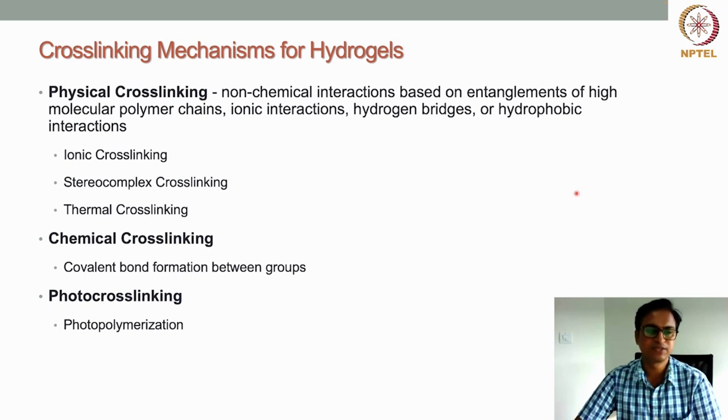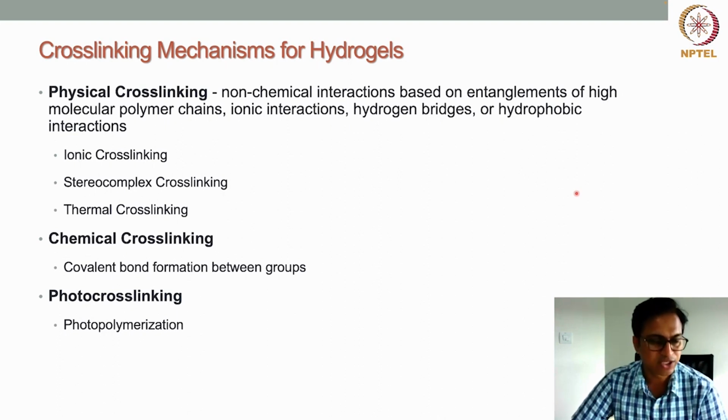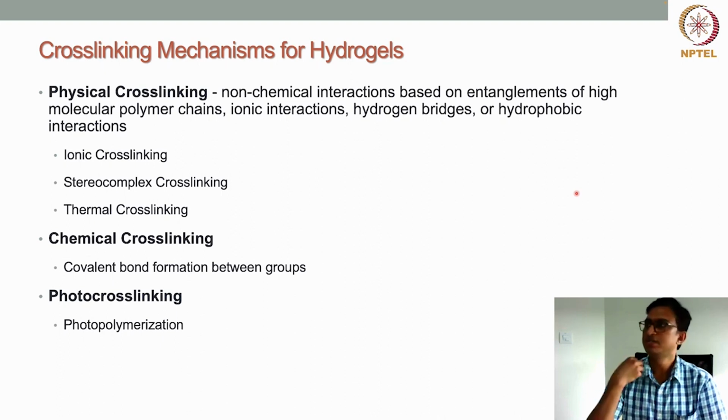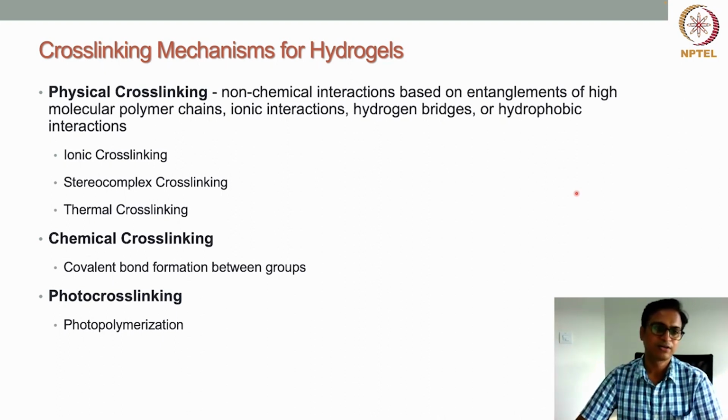A very popular example is alginate hydrogel. If we introduce calcium ions to the alginate solution, this calcium ion can bind to the material, and due to this the alginate gel will be formed. So this ionic cross-linking helps in forming gels of different hydrogels due to this ionic interaction.